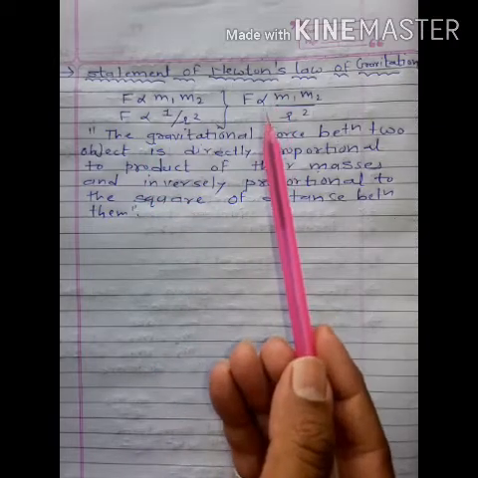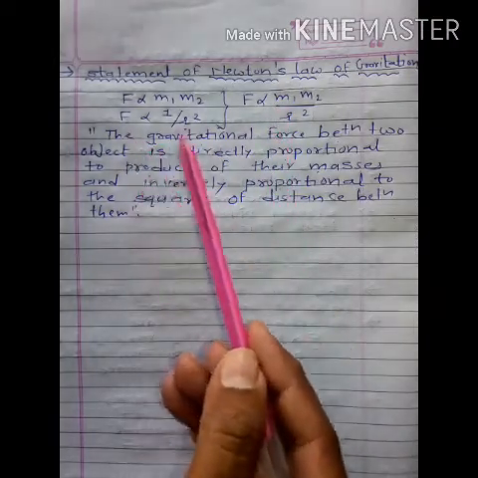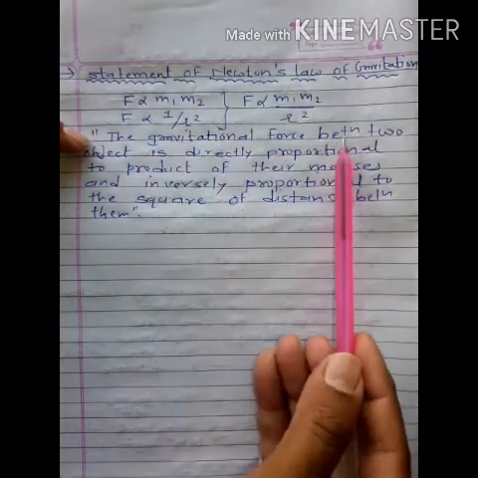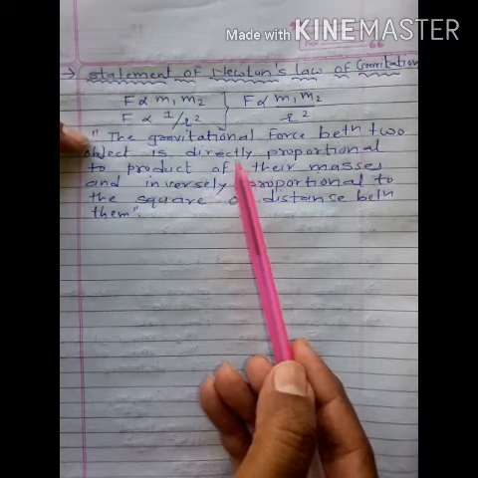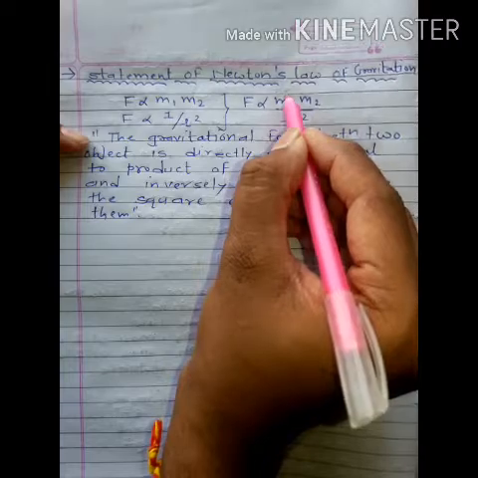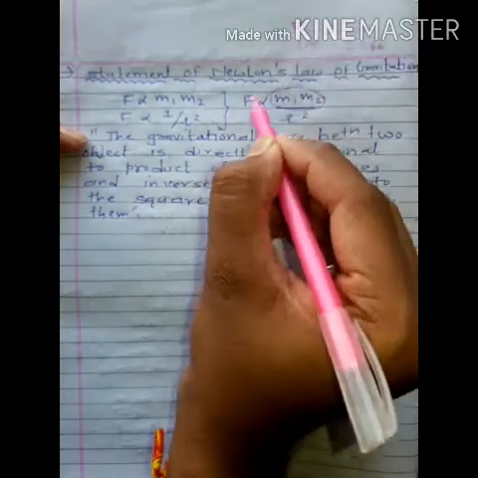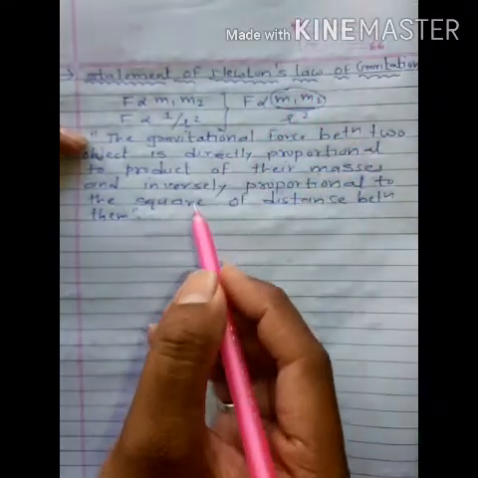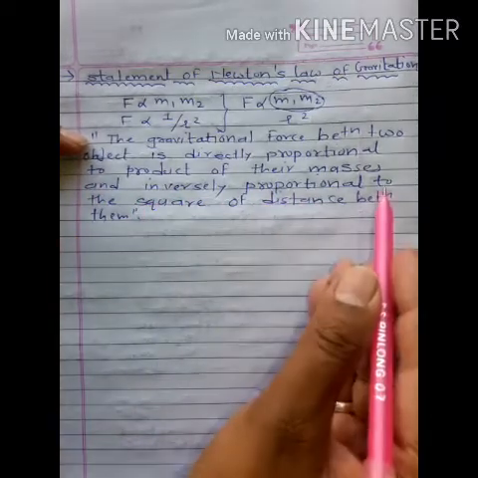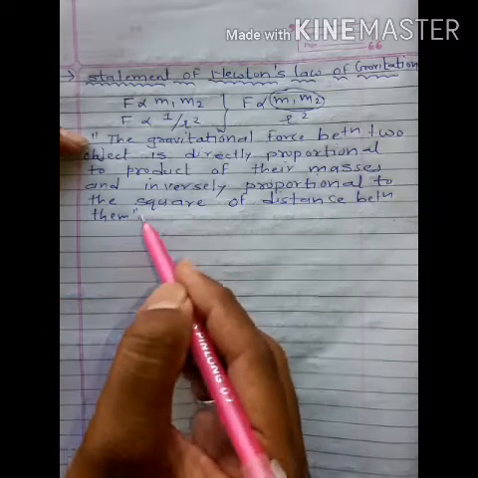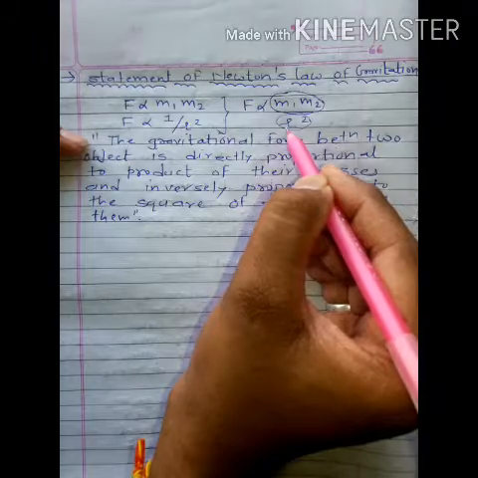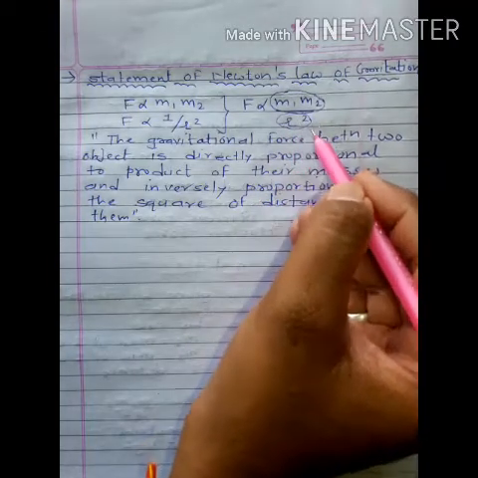Try to write this statement from this equation. So the gravitational force between two objects is directly proportional to the product of their masses, and inversely proportional to the square of the distance between them. See this equation again: upon r square means inversely proportional to the square of the distance between them.